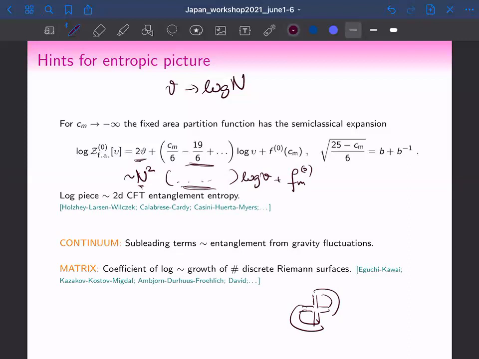Maybe ask it in a different way. Suppose you could calculate not just the tree level, but all genera. In principle, suppose you had the power to do that and you added it up. Does that have an interpretation in de Sitter space? I don't know. Meaning, as some quantum corrected object, or is it just that one of the diagrams happens to have the topology and maybe geometry of de Sitter?